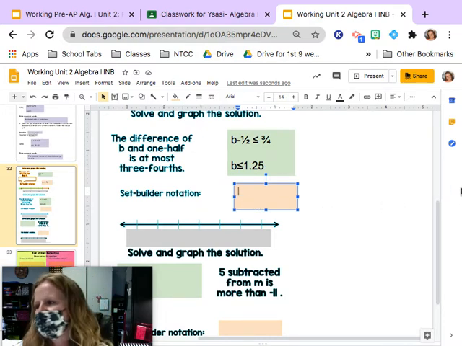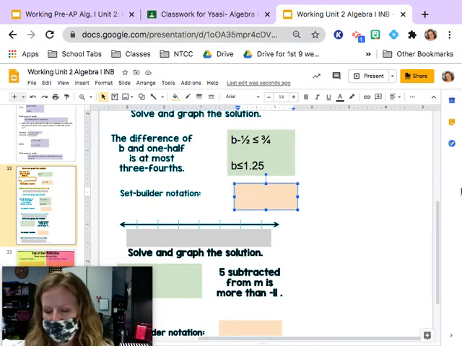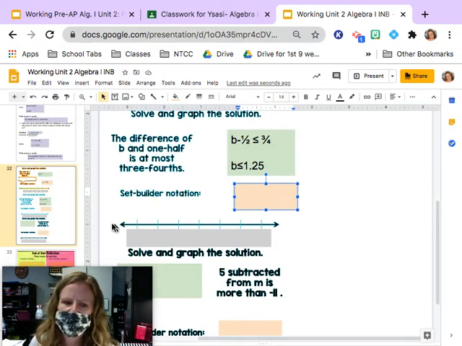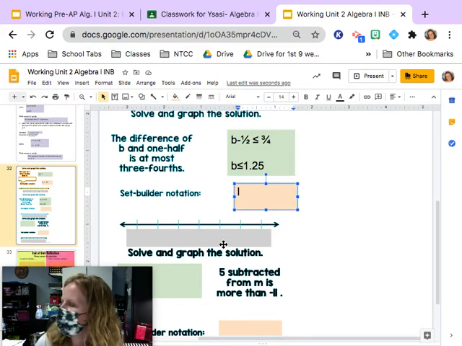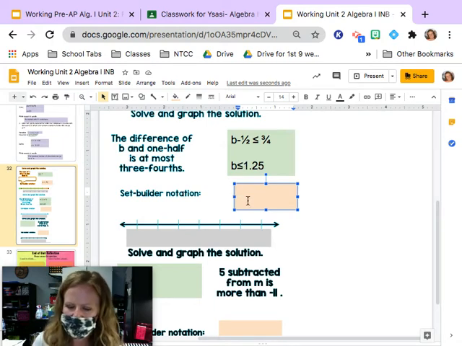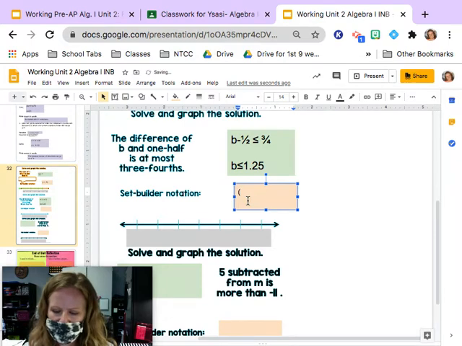So if it's less than or equal to 1.25, what is the furthest left that we can go? Because it's going to be open or closed. Closed circle on 1.25. And which way are we going to go? Left. So left means we're going to negative infinity.